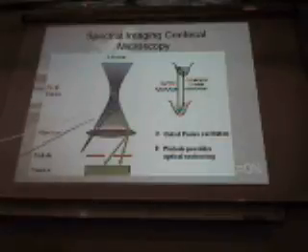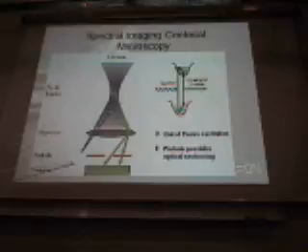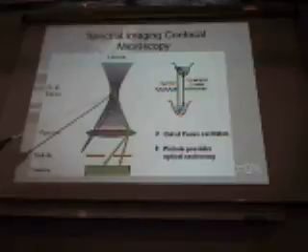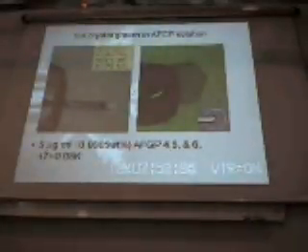Also, this is a spectral imaging system, so the protein with fluorescence molecules can be observed using this kind of detector. So this is the picture, and this part is the tip of the glass capillary, and the ice crystal is growing like this now.